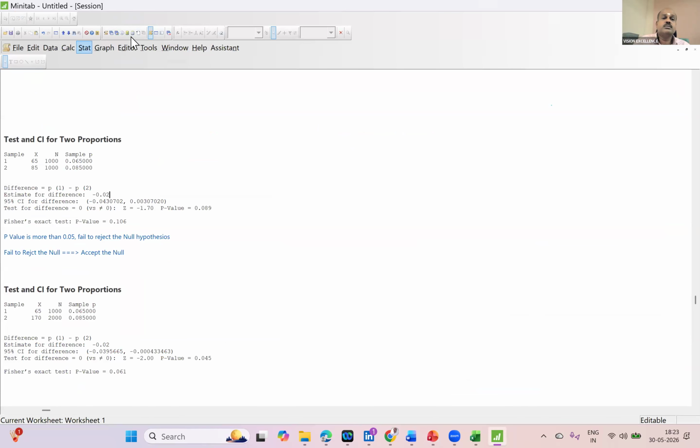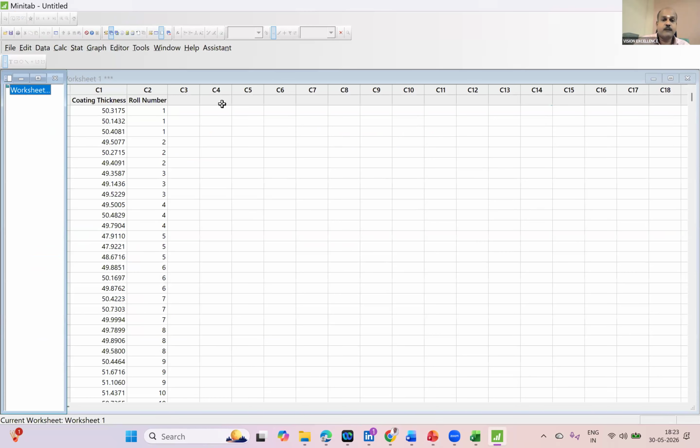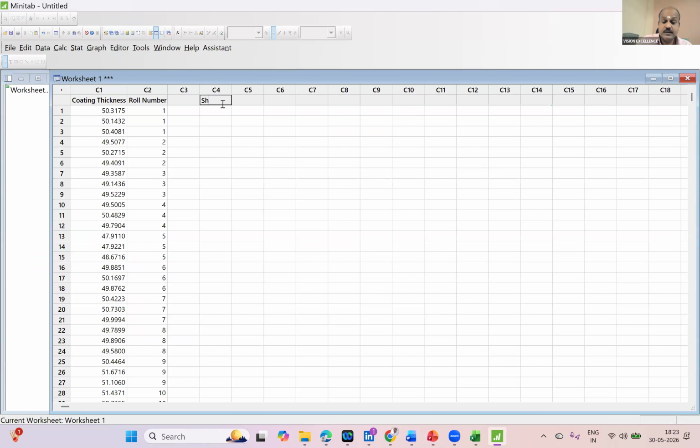Let us go to the worksheet. One is shift. What are the options available? Morning, afternoon, and then night shift. And then there is scratch.